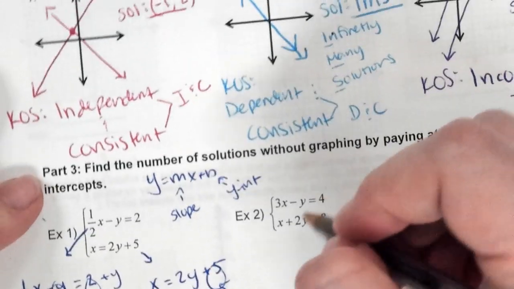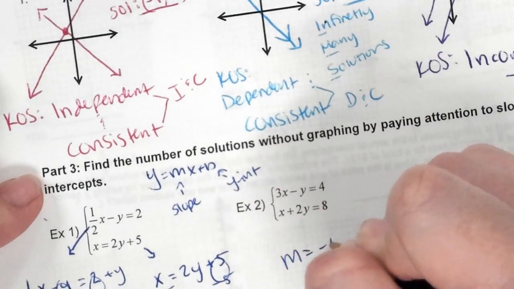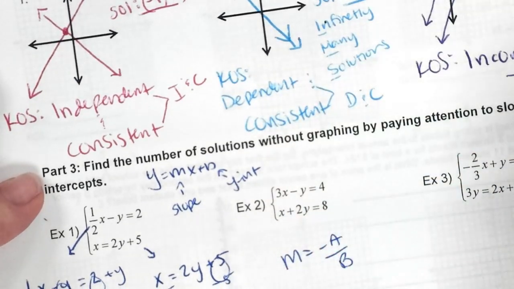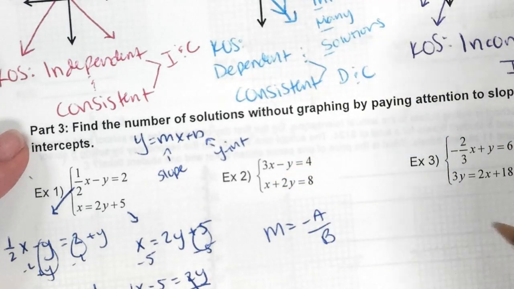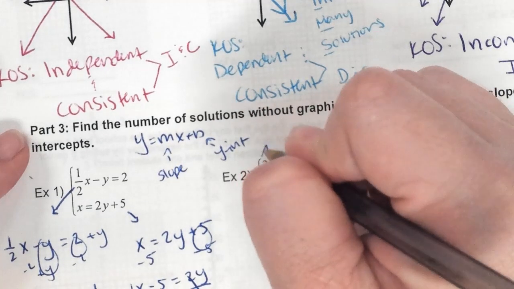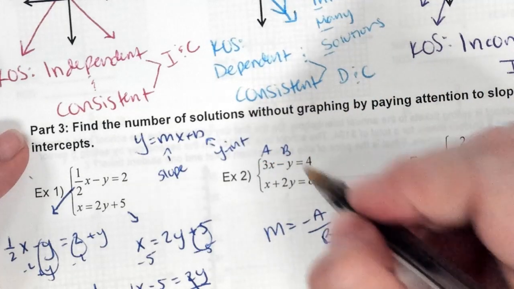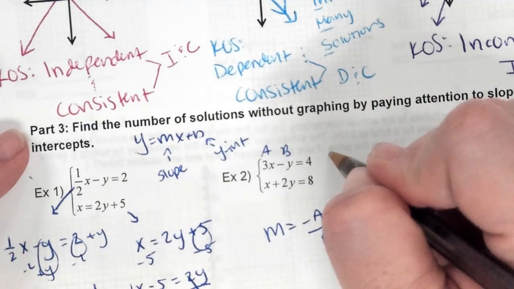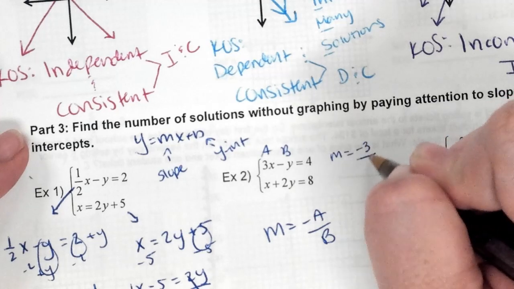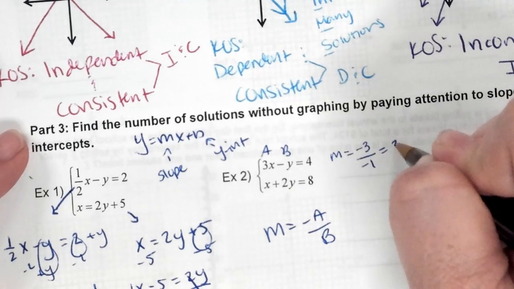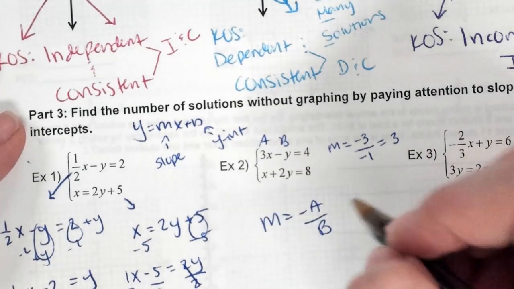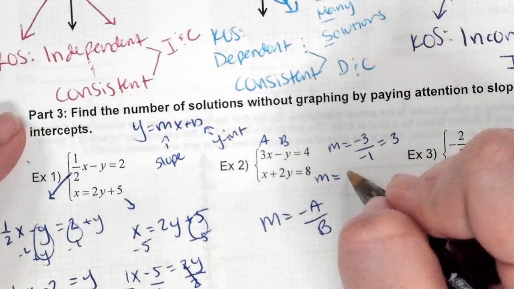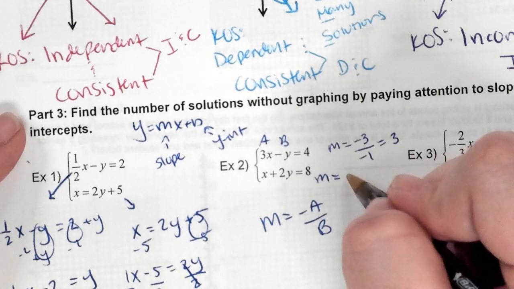When it's in standard form, do y'all remember that slope is opposite of A over B? Aren't these in standard form where x and y are on the same side? So A, B. My slope for that first one is opposite of A over B, which is just 3. What's my slope for the second one? Negative 1/2, right?